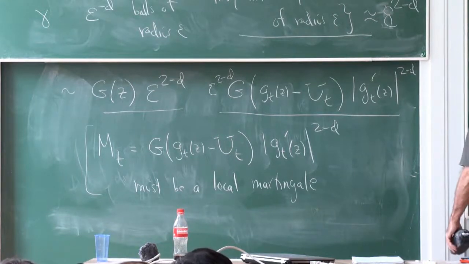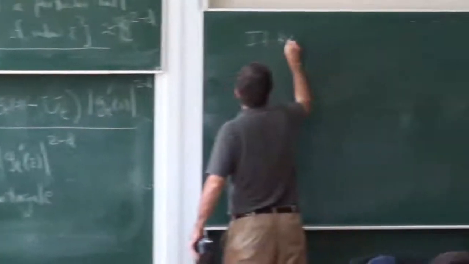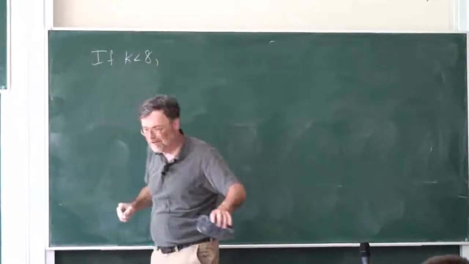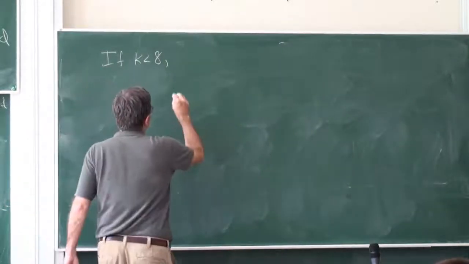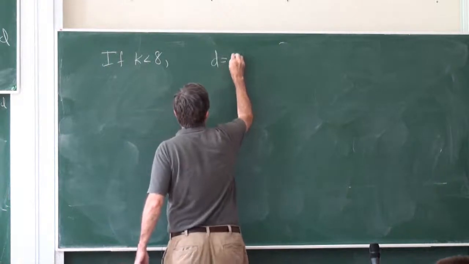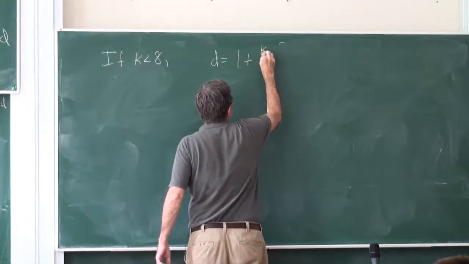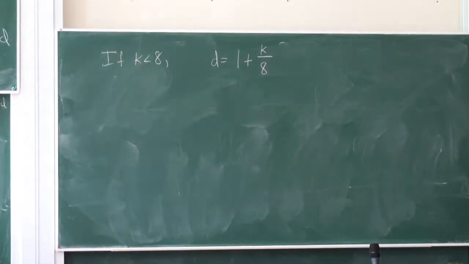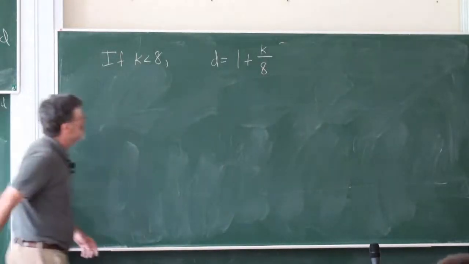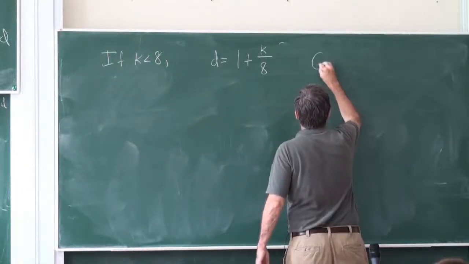if kappa is less than 8, then the only way you can get a solution to this is d equal to 1 plus kappa over 8. You also find out what G of z is. I'll just write down the formula since I'm here.